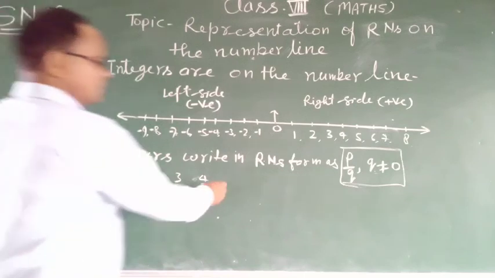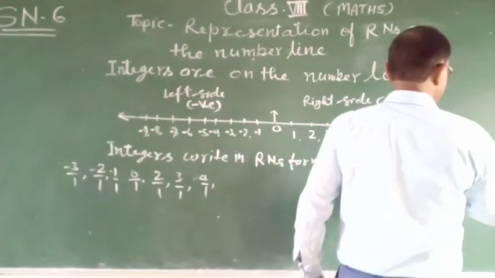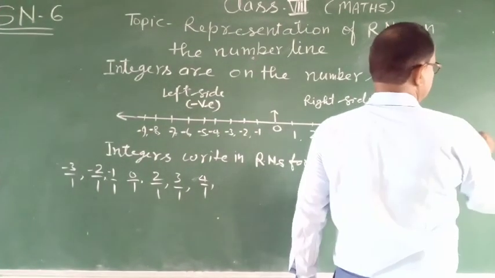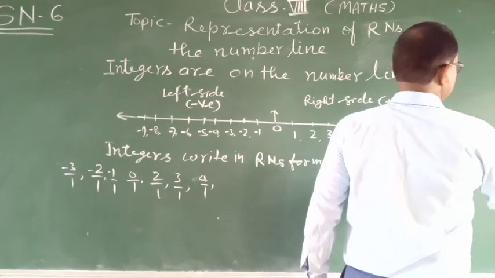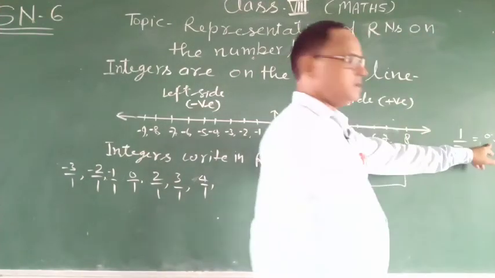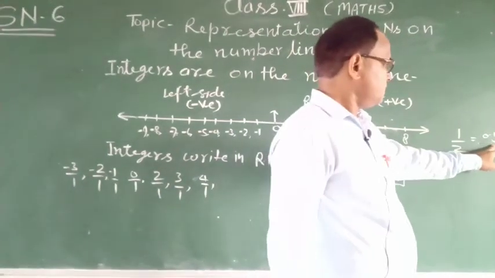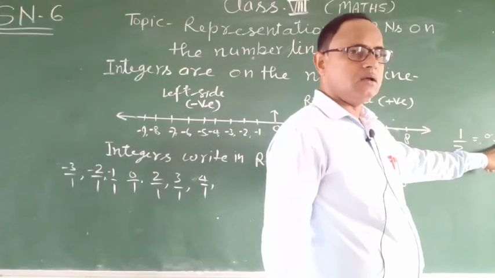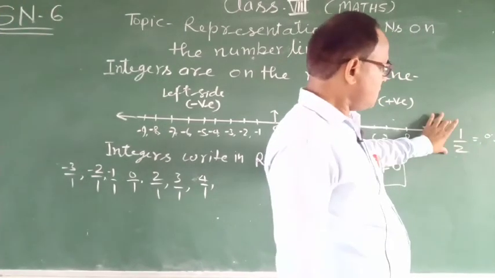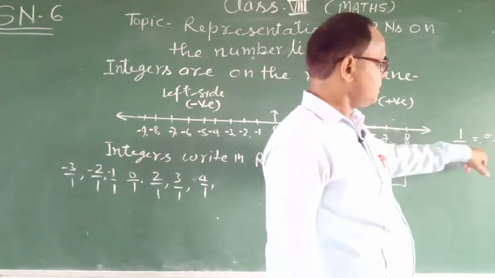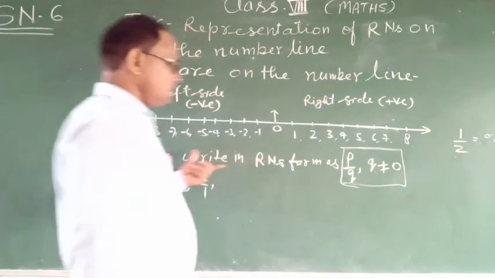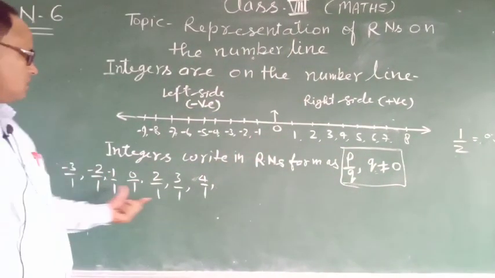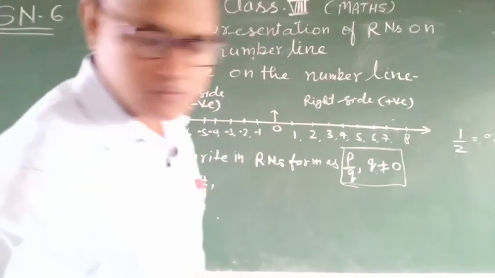Okay? Here 1 by 2 is a rational number, but its result is in decimal form, 0.5. Therefore, it is not an integer. Thus, all rational numbers are not integers, but all integers can be written in rational form. Okay, student.